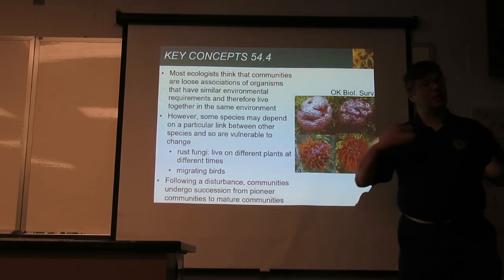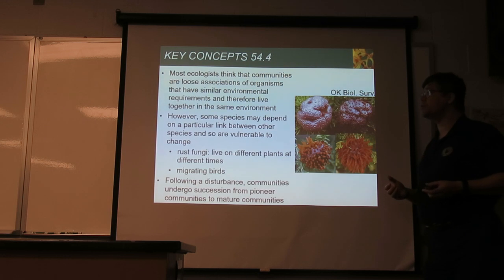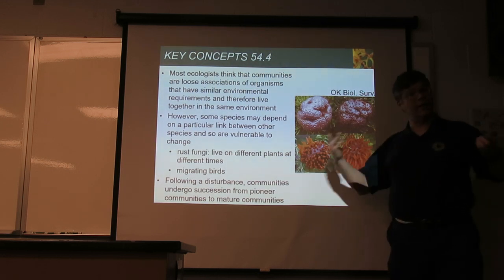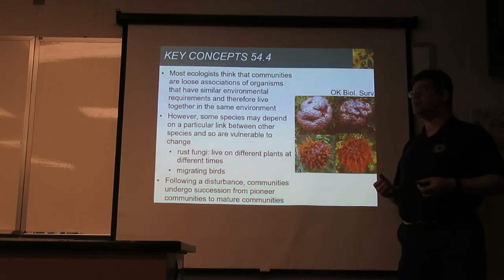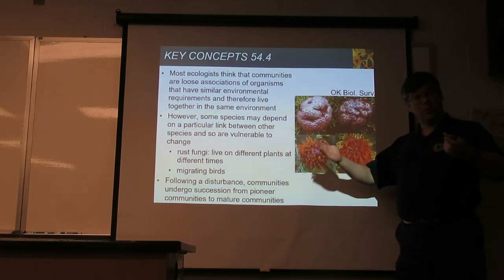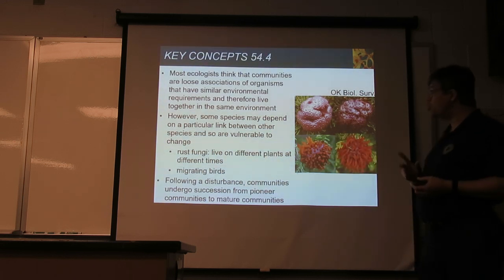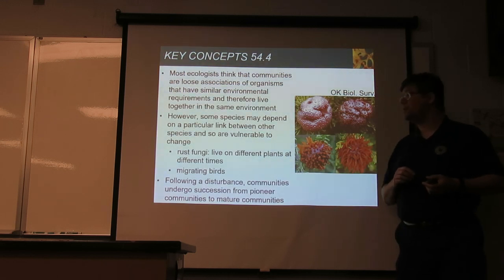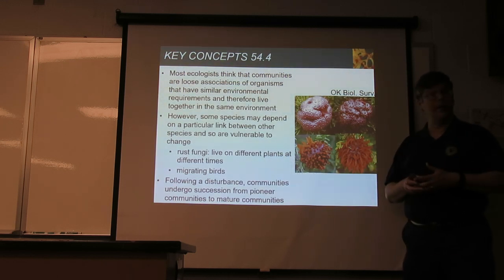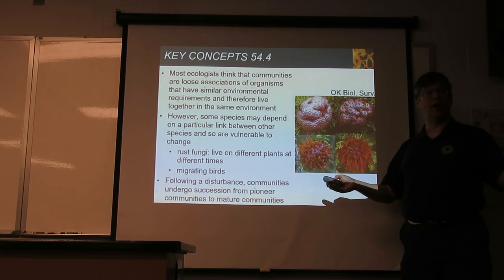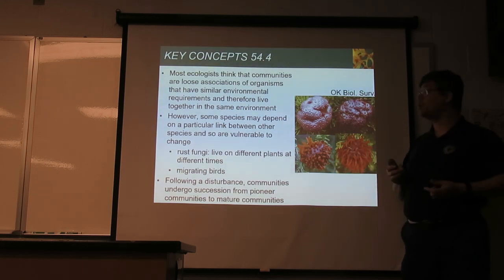So communities in general are relatively loose associations, organisms that have similar environmental preferences, and so will be living in the same environment. You do have some examples of species that depend on particular other ones, and obviously those are going to be more closely associated.